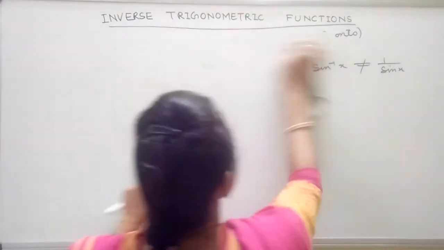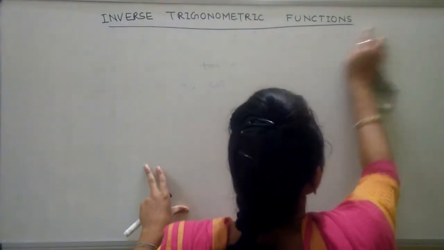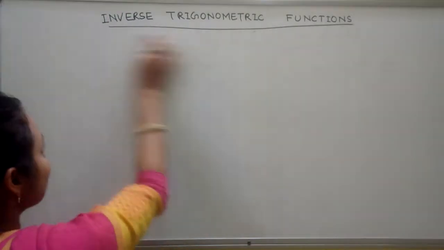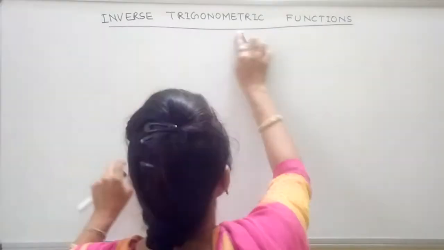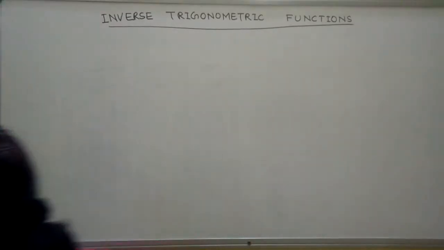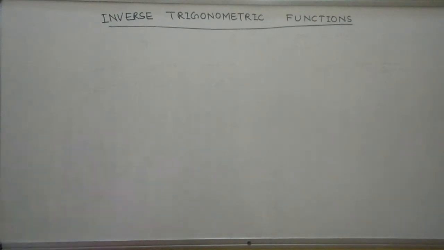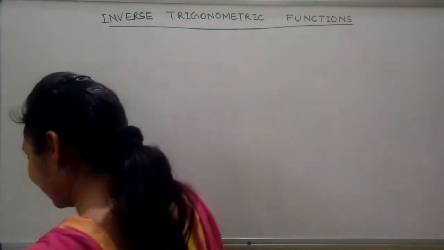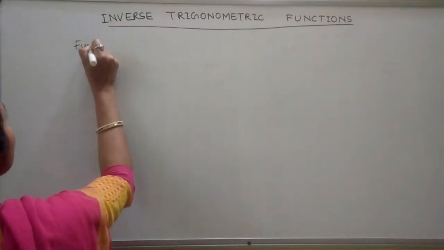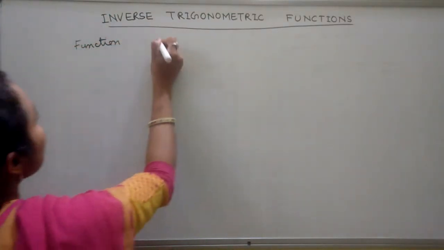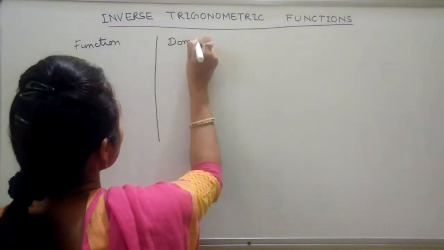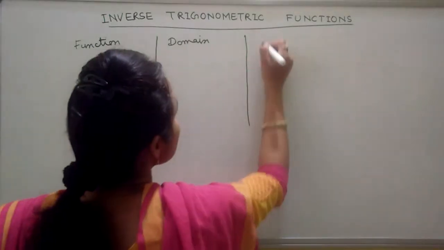We have 6 functions: sine inverse, cos inverse, tan inverse and so on. In trigonometry all the trigonometric functions have their domain and range; same as in trigonometry, we have domain and range in inverse.